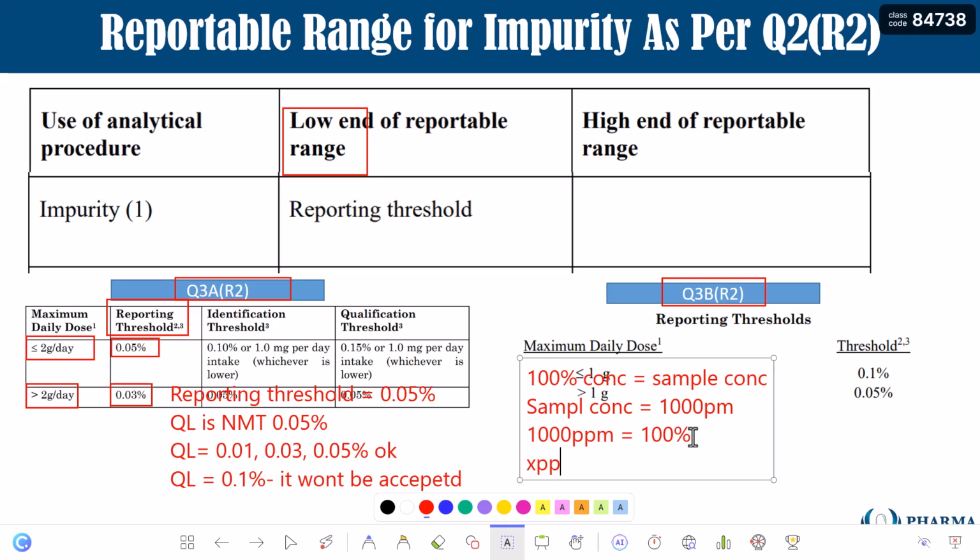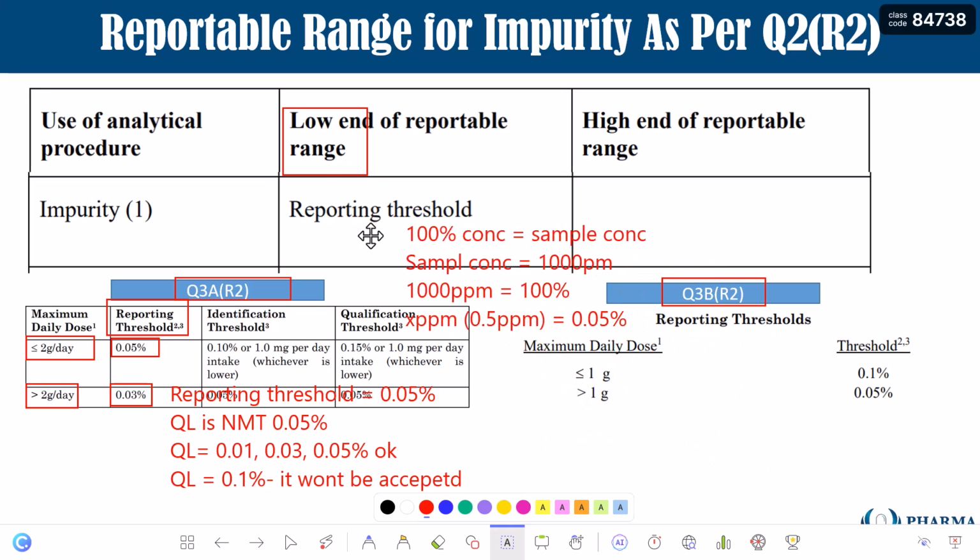So x ppm is going to be 0.05%. So how much is x ppm now? Is it 0.5 ppm? So it is going to be 0.5 ppm, isn't it? So 0.5 ppm or 0.5 microgram per ml is the concentration you need to select for your low end range. I hope you understand this point as well.